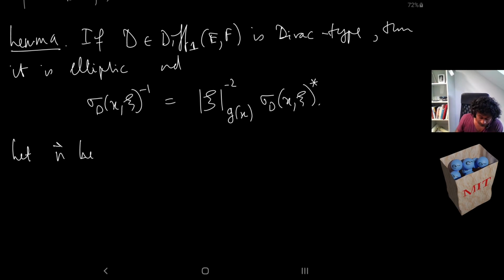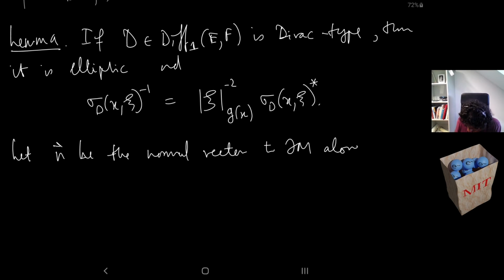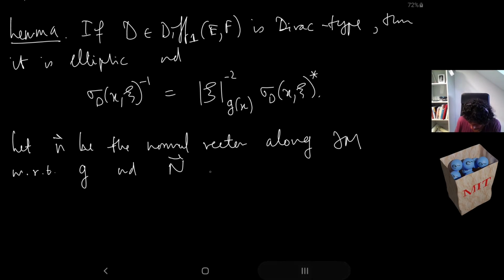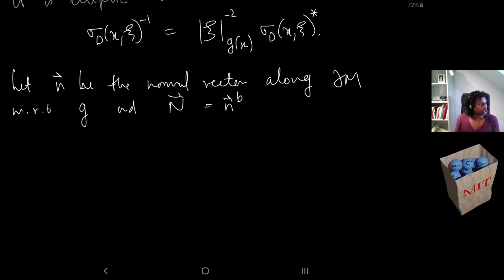So let n be the normal vector to the boundary with respect to g, and let capital N be the musical isomorphism of n. Okay.